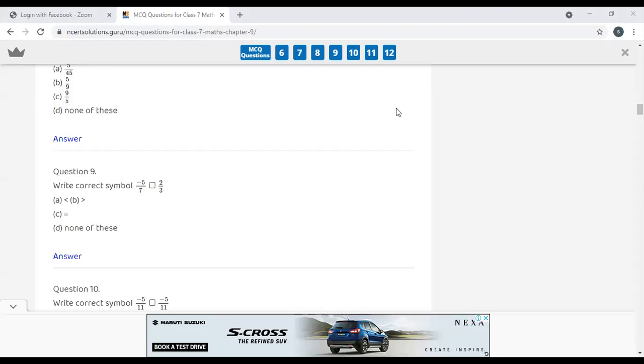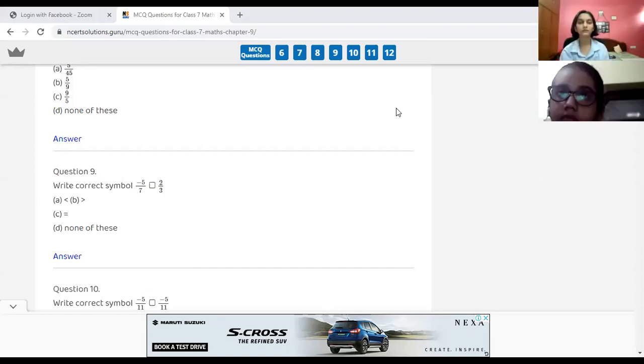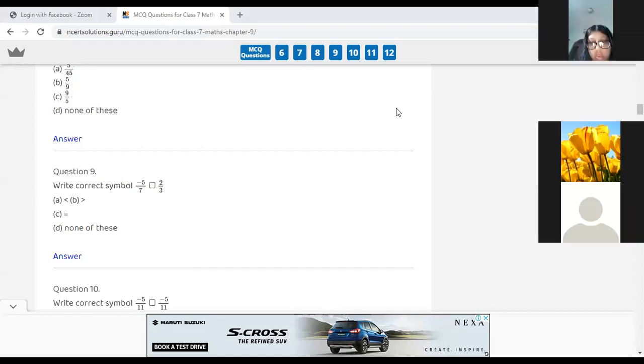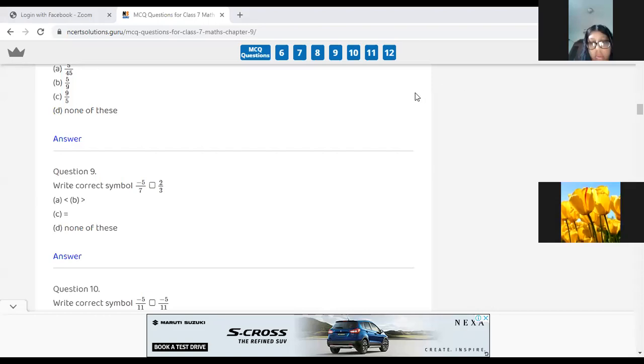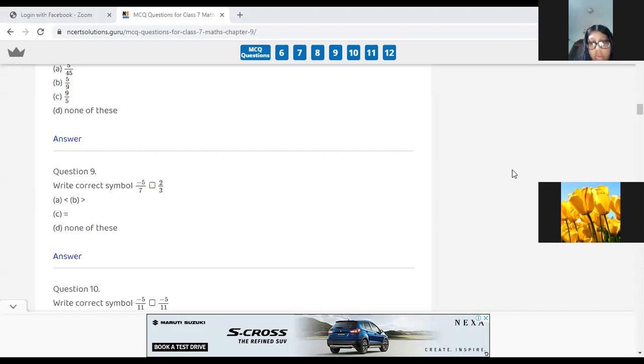So it is obvious that 2/3 is greater than -5/7. But we have one particular method for this. Can you tell me the method? We will find the LCM. One way is to find the LCM, and we have another method. Yes, Himanshi? Cross multiplication. Yes, very good.